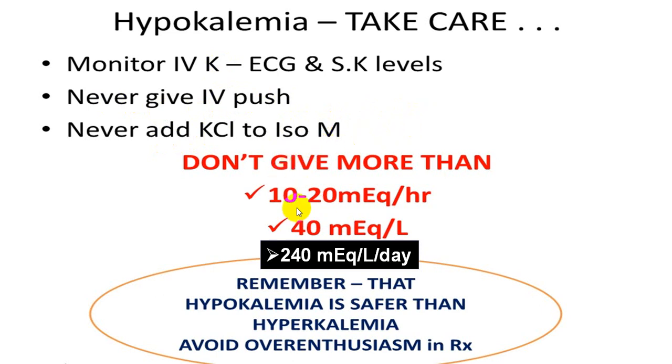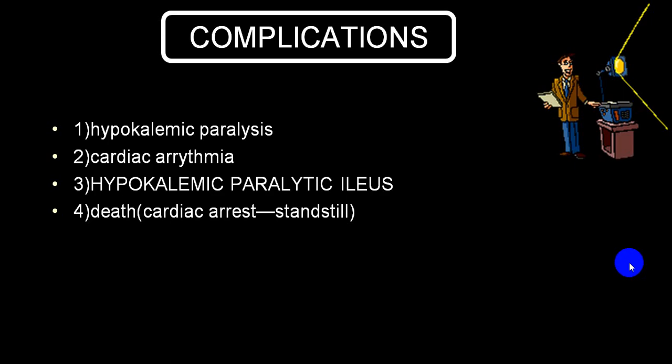Don't give more than 10 to 20 milliequivalent per hour, and don't give 40 milliequivalent per liter very fast. In a day, not more than 240 milliequivalent. Remember that hypokalemia is safer than hyperkalemia, and overtreating can result in hyperkalemia, which is more dangerous.